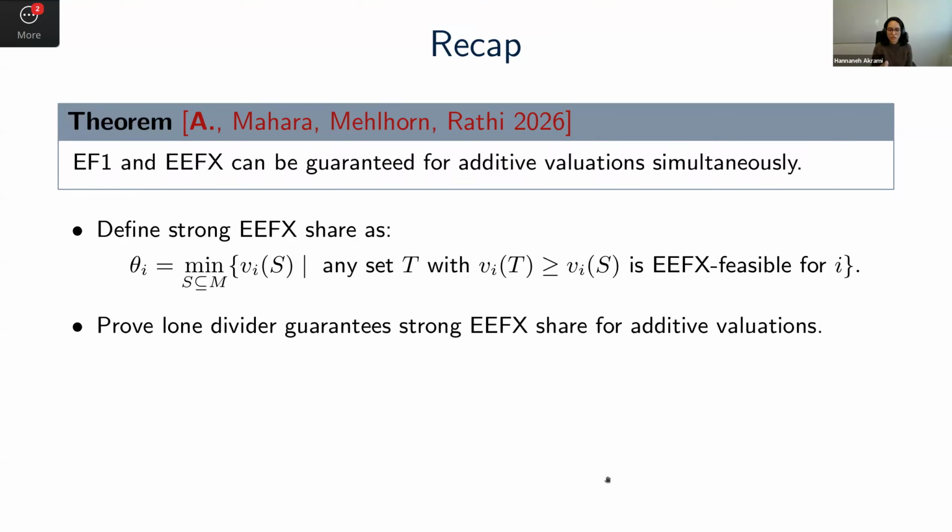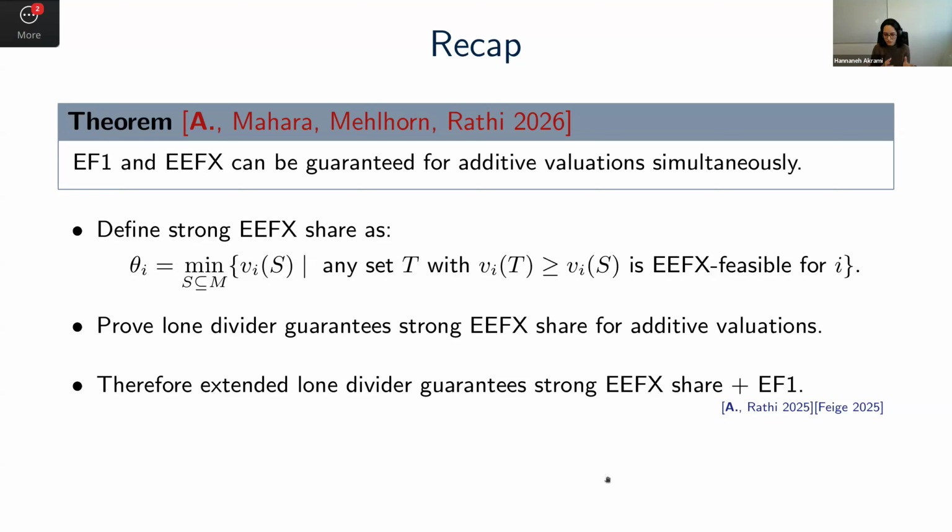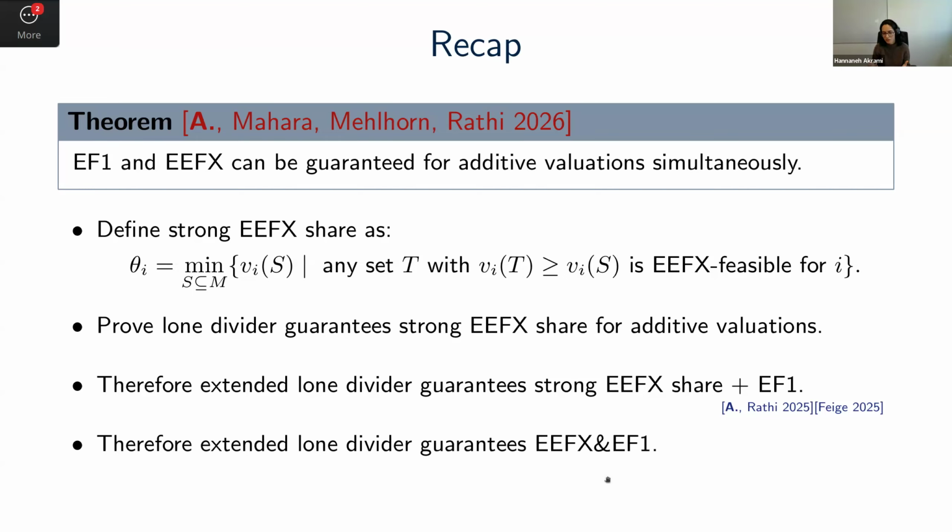And then we prove that the lone divider technique guarantees this share-based notion, a strong EEFX share for all the agents if they have additive valuations, which, using the black box, gives us this strong EEFX share plus EF1 for free, just using a black box that already exists. And because this share implies EEFX, we get what we wanted initially. So we get EEFX and EF1 at the same time. Okay, I hope that the roadmap was clear.